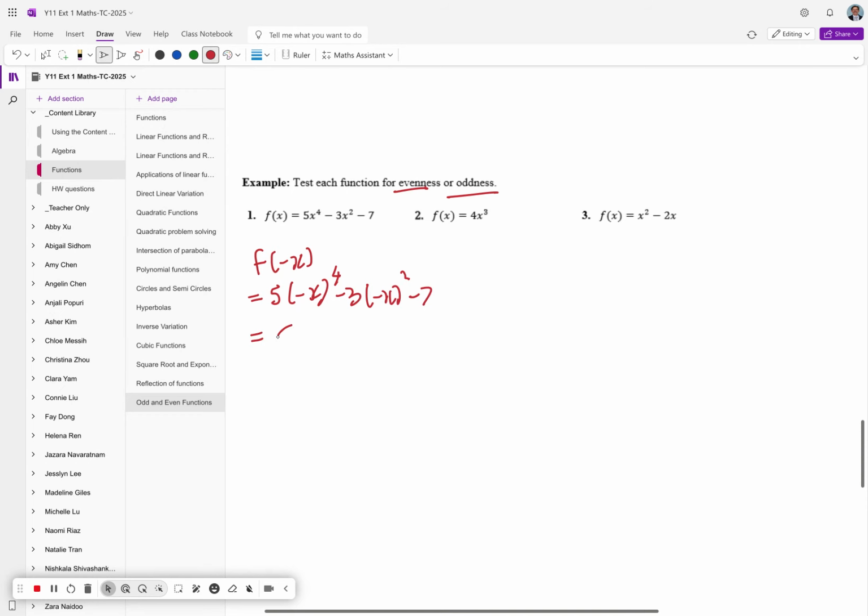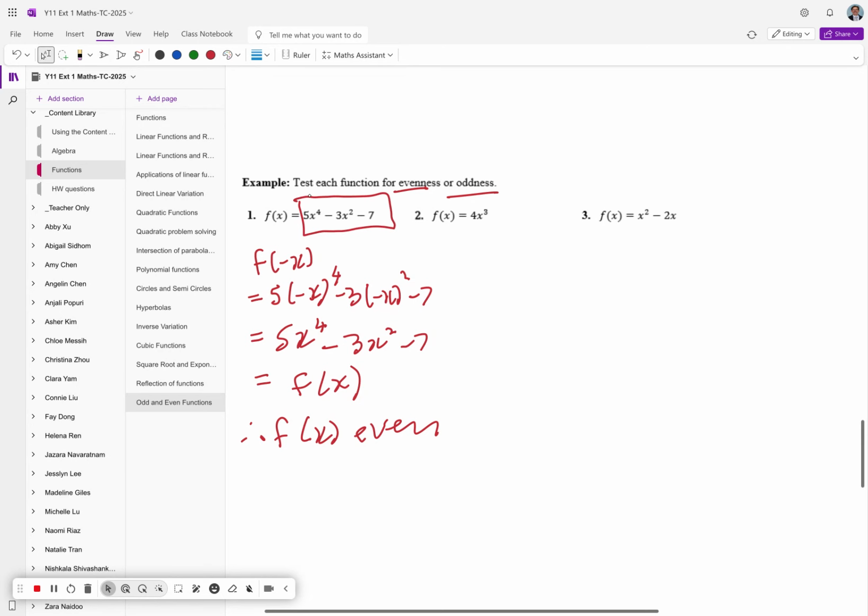So that gives me 5x to the 4 minus 3x squared minus 7, and that's equal to f of x. So we can say that is an even function. Therefore f of x is even. Now for polynomials, you probably noticed, if all the powers are even, it's going to be an even function.